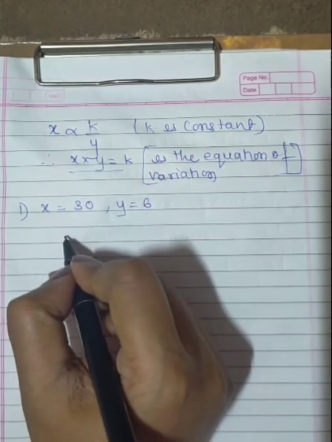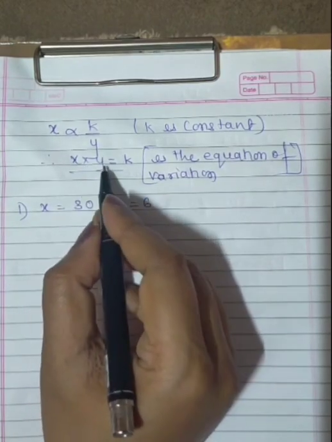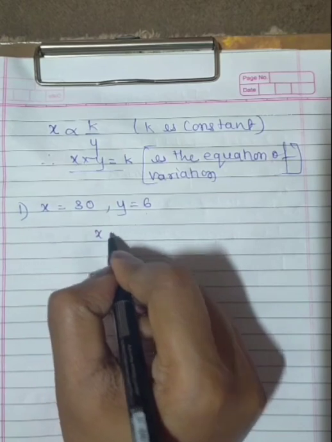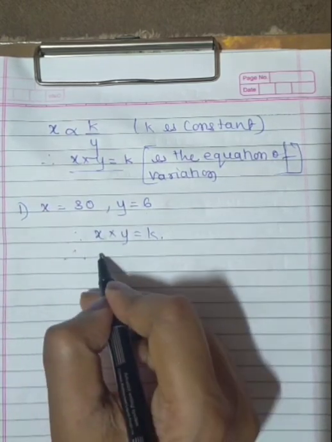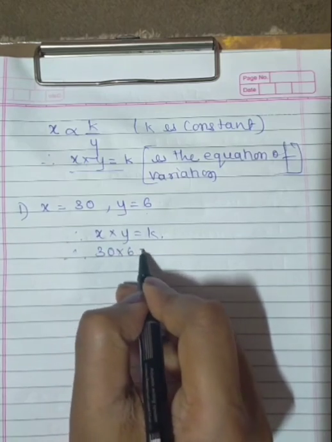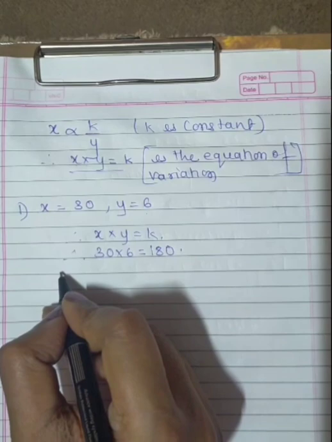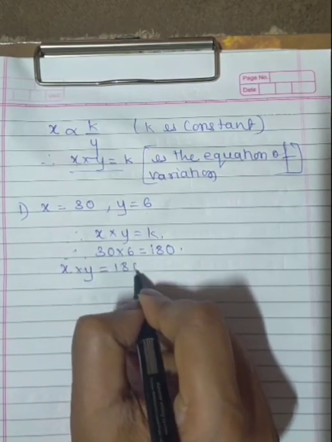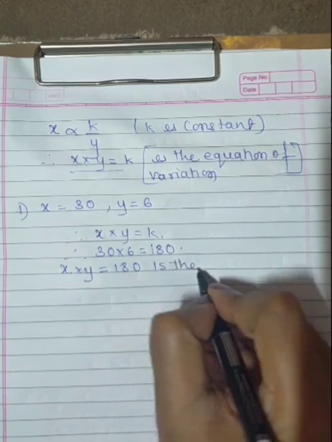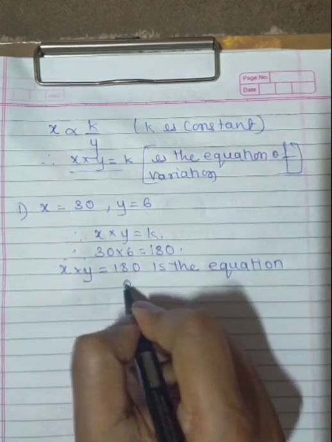Then we will use the inverse variation equation, X into Y is equal to K. Here 30 into 6 is 180. So X into Y equal to 180 is the equation of variation.